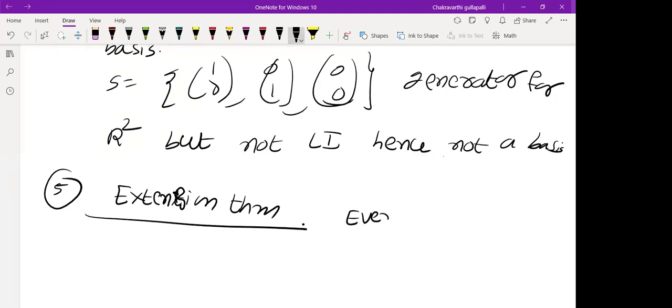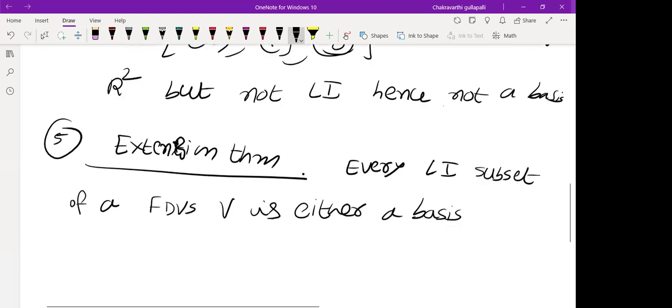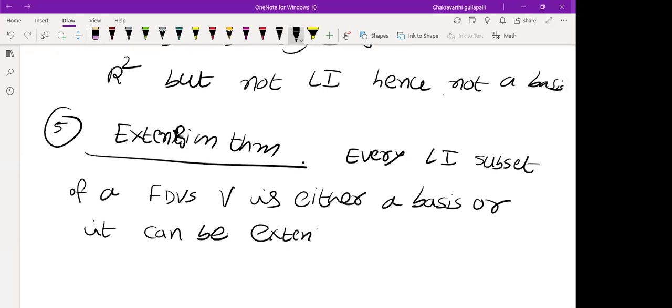Every linearly independent subset of a finite dimensional vector space V is either a basis, or if it is not a basis, it can be extended. Extension means adjoining a few more vectors, so that it can be extended to form a basis. Such a basis is called an extended basis.